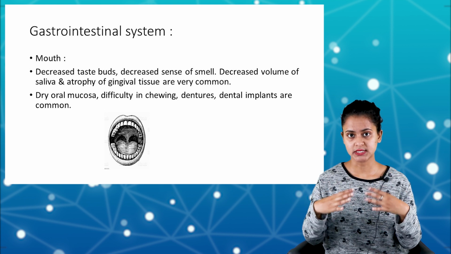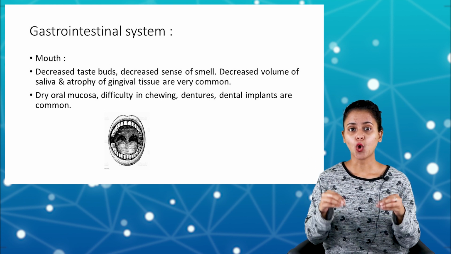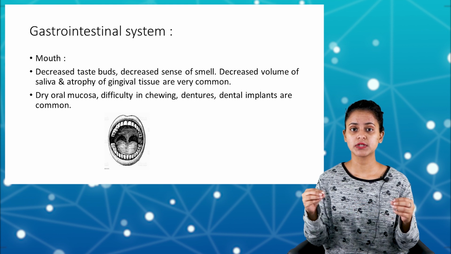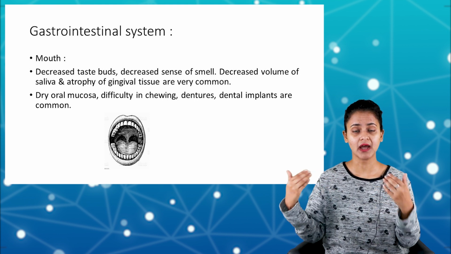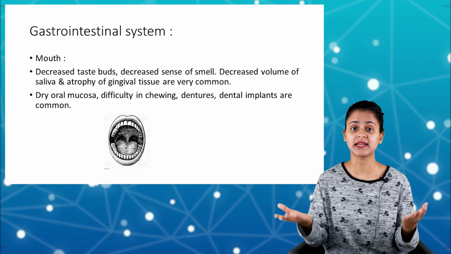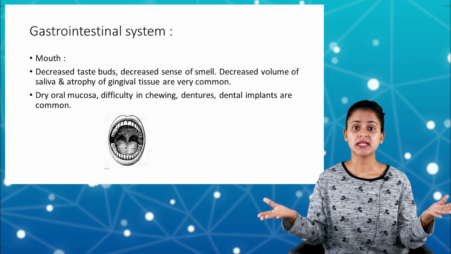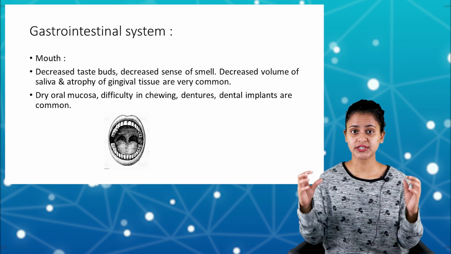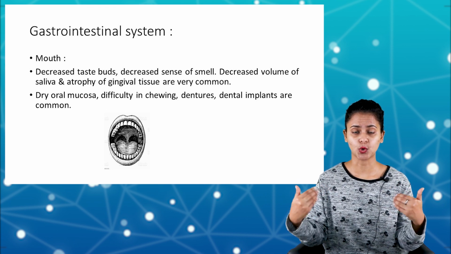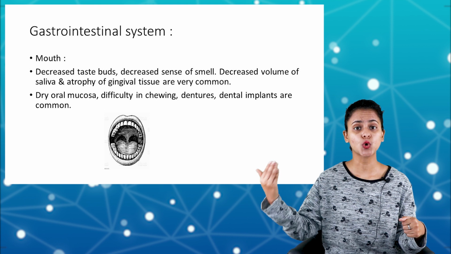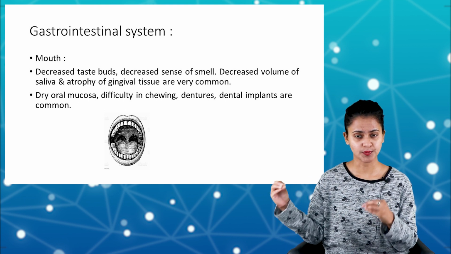There will be difficulty in chewing. Often older individuals will have to use dentures, and dental implants will be there. That is the reason halitosis and infection development within the mouth or oral cavity is very common among the older population.